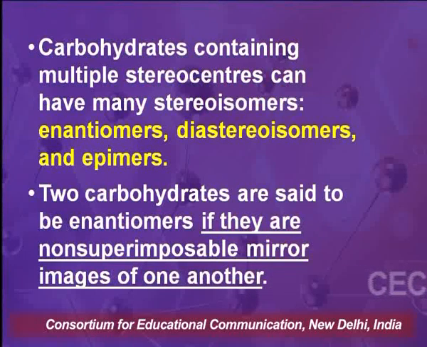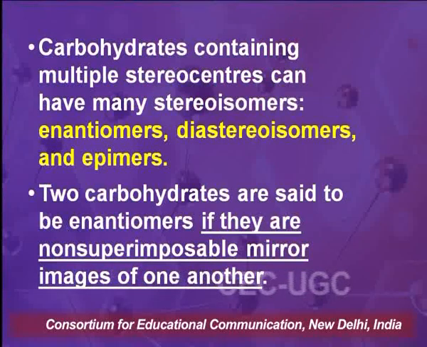First of all, let us look into a carbohydrate which has multiple stereocenters. As you saw in the last example, glucose has 4 stereocenters, so it can have many stereoisomers. It can have enantiomers, which I have just explained to you, and it can have diastereomers, epimers and anomers.